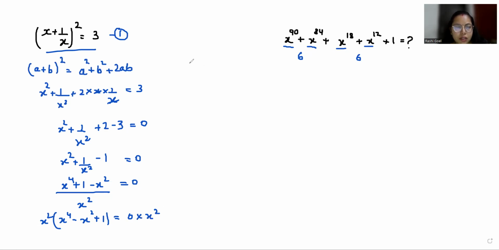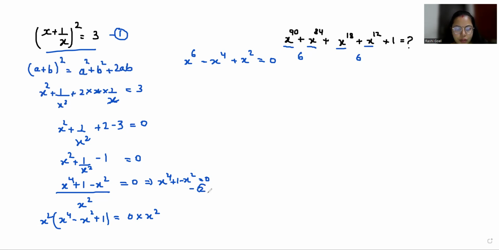So it becomes x power 6 minus x power 4 plus x square is equal to 0. From here, we get x square times (x power 4 plus 1 minus x square) is equal to 0.